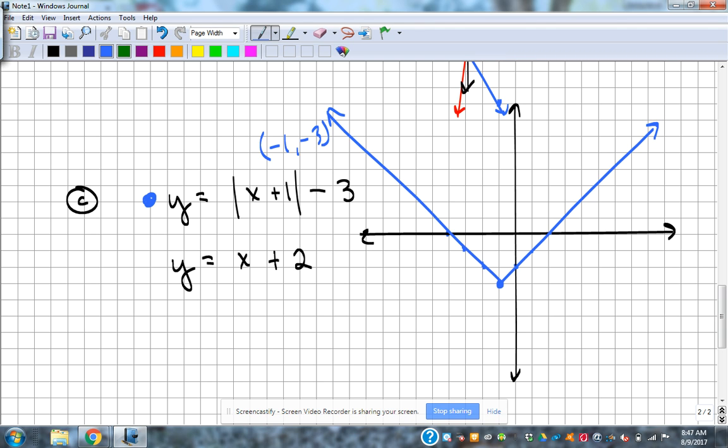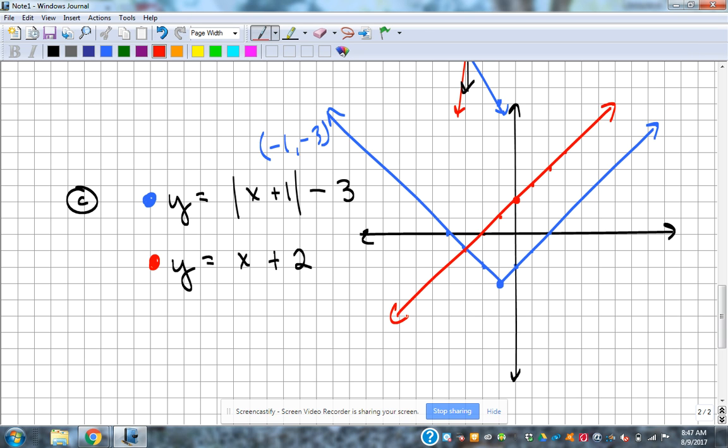Now the second equation, graph it in red. What's the y-intercept? 2, slope of 1. We got one good place that it's crossing. Does it cross at another place?